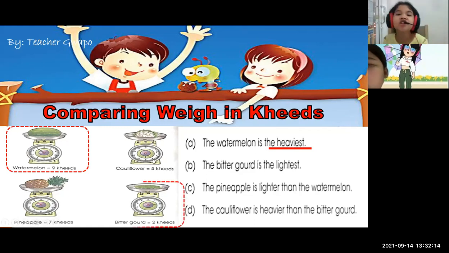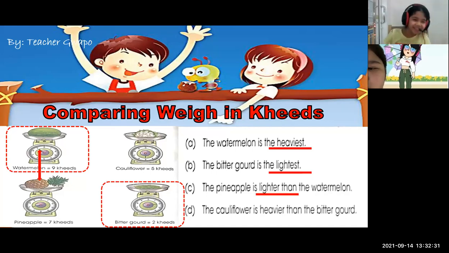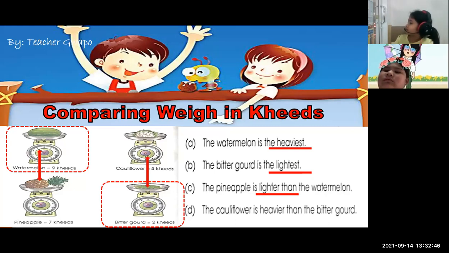And the bitter gourd is the lightest, bao tisot. If we compare the pineapple and the watermelon, we can say that pineapple is lighter than watermelon, bao kwa. And cauliflower is heavier than bitter gourd. Heavier, nak kwa.